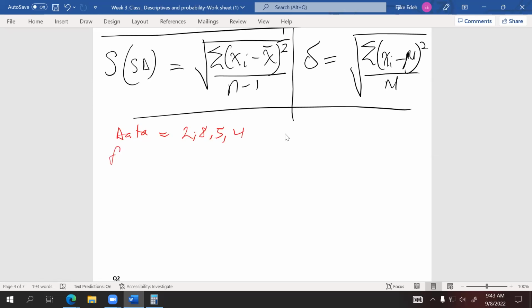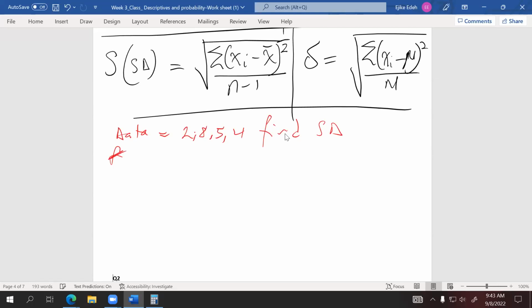And the question is find the standard deviation. If the question doesn't say find population standard deviation, automatically it's asking you for sample. But if it says find population standard deviation, then you're solving with the population formula. If it doesn't say, it's automatically sample that you're dealing with.